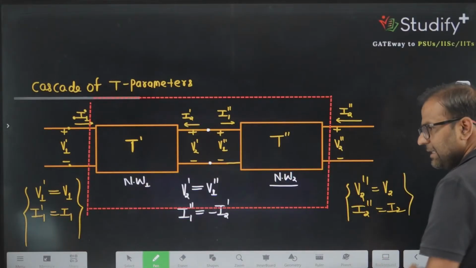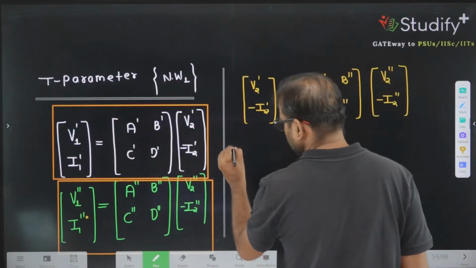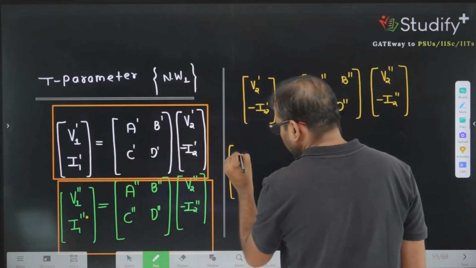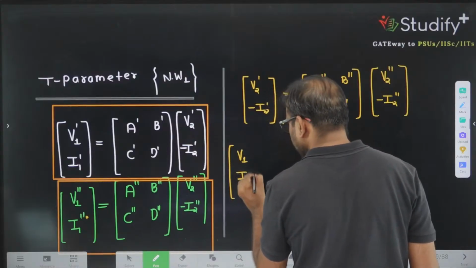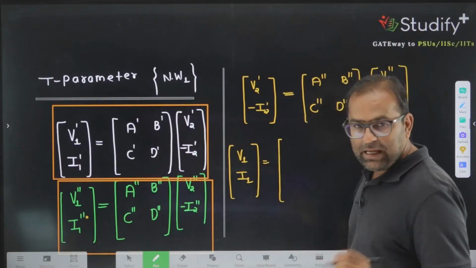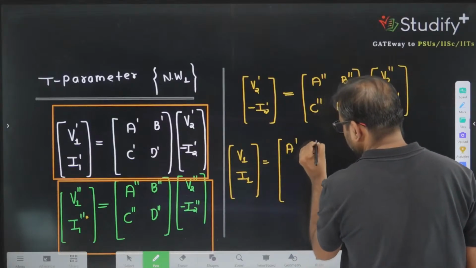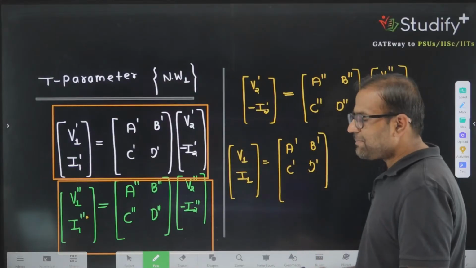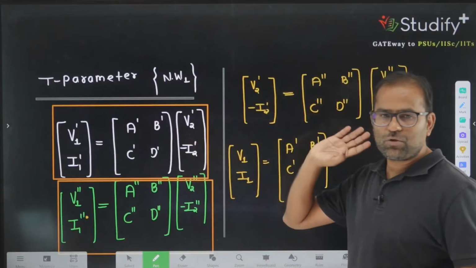Then can I say V1, I1. So this V1 prime is V1, I1 prime is I1, and this value can be written as A prime, B prime, C prime, D prime times the V2 prime, minus I2 prime column matrix.